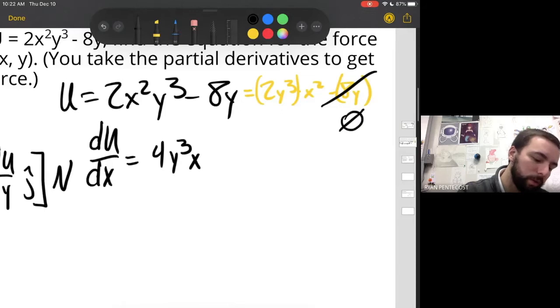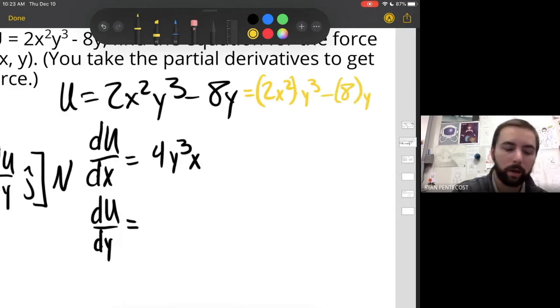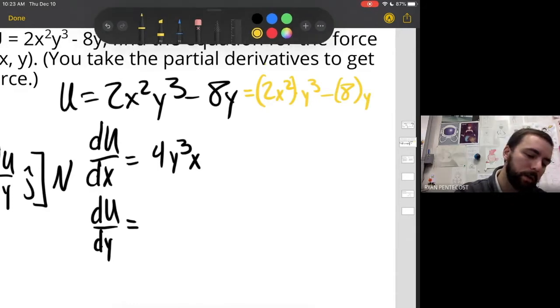Next, if we wanted dU dy, I'm going to rewrite this in a different way. You could say that this is 2x squared times y cubed, constant there, minus 8y. 8 is our constant. So let's say we take the derivative of that, bring your 3 down.